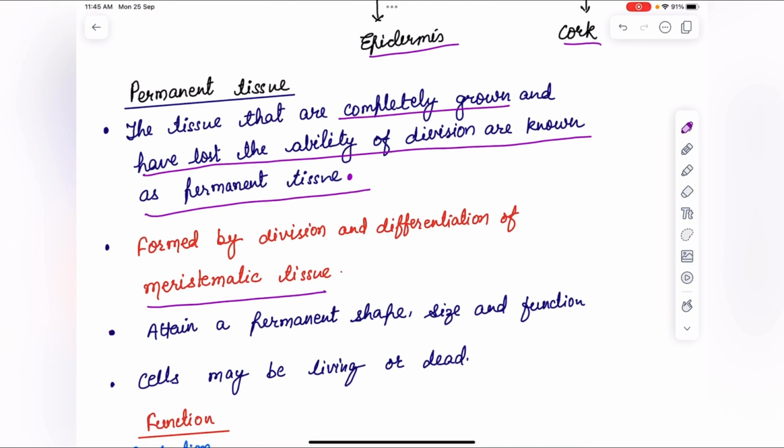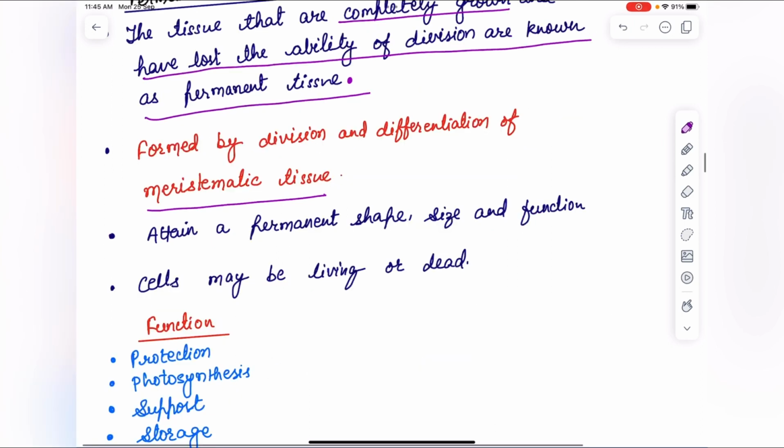They originate from the meristematic tissues, and will attain a permanent shape, size and function. In this permanent tissue, the cells may be living or dead.